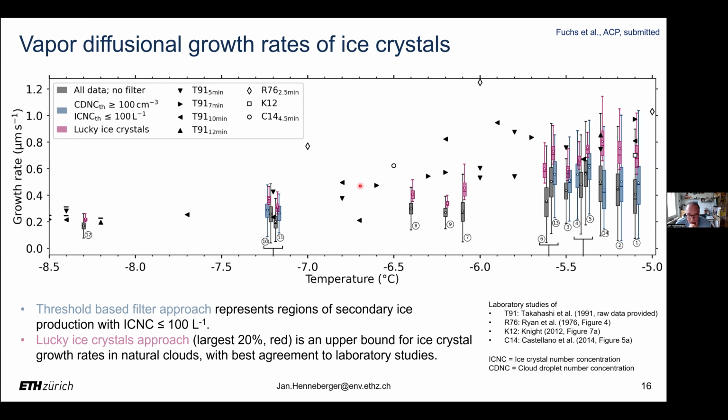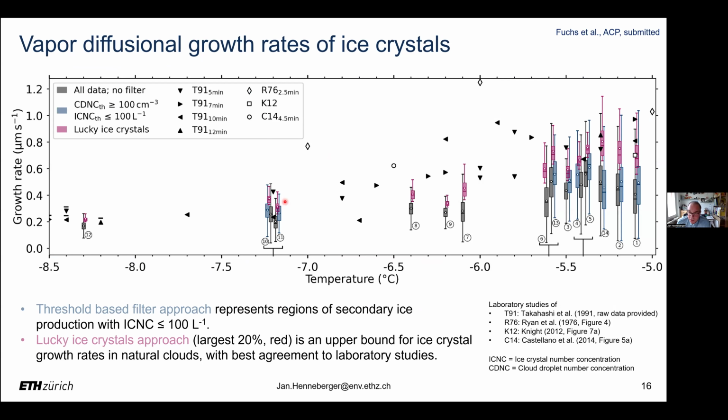And as an upper bound for ice crystal growth rates, he used the lucky ice crystal approach. So just look at the largest 20% in red. And we see the best agreement with laboratory studies, but you also see a small underestimation of the growth rate, or our growth rates are a little bit smaller.